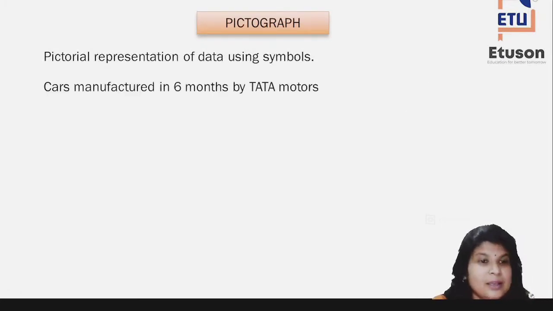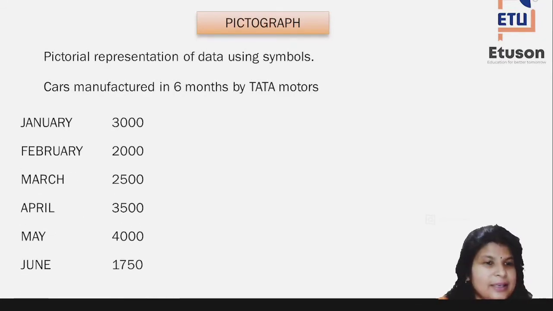So, suppose we have considered the cars manufactured in 6 months by Tata Motors. The data collected is for the year 2021 for the months January, February, March, April, May and June.